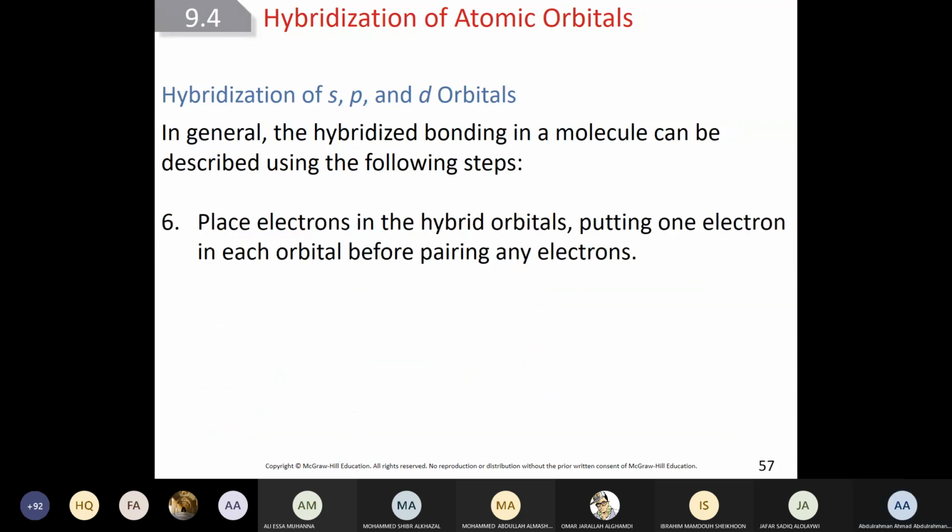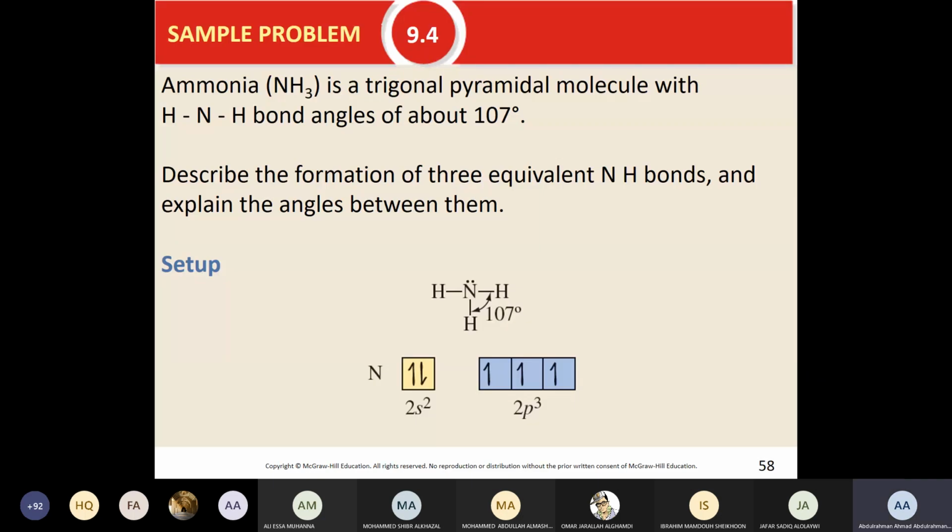Now let's have an example. NH3, what is the electron domain for NH3? AB3E1. So what's the total? The total is 4. What type of hybridization are we going to have? sp3, exactly.